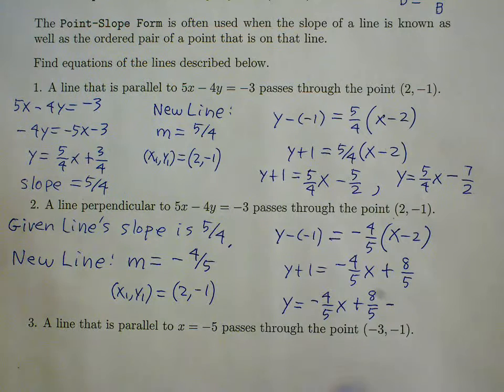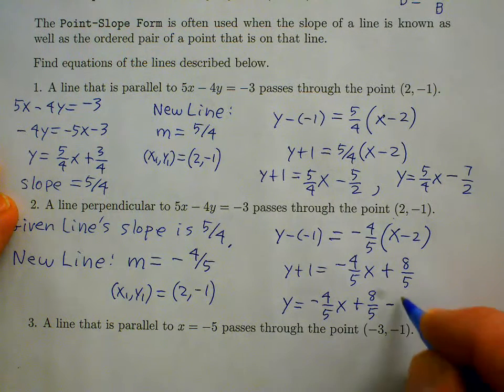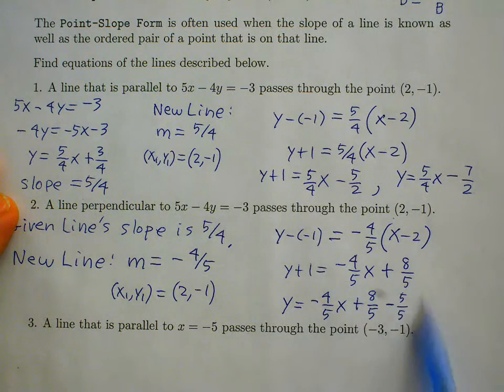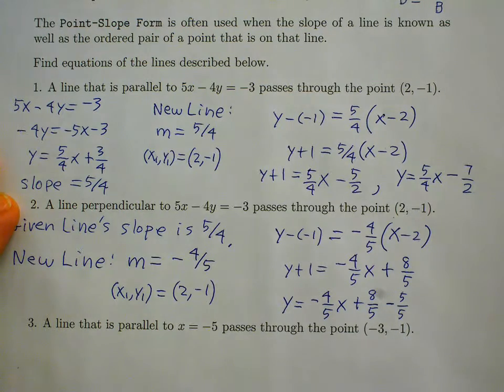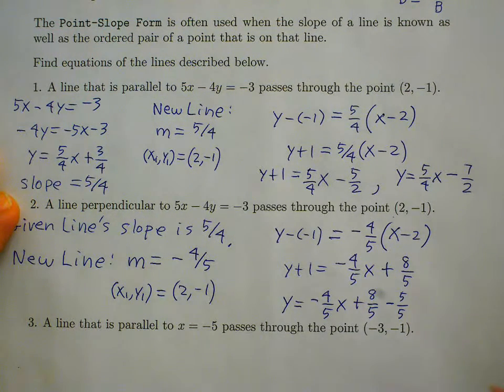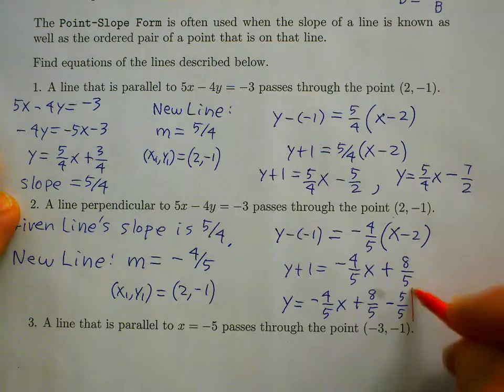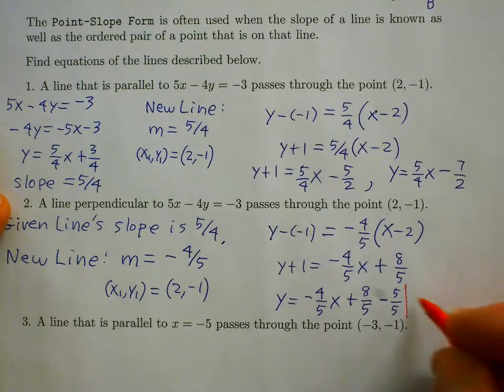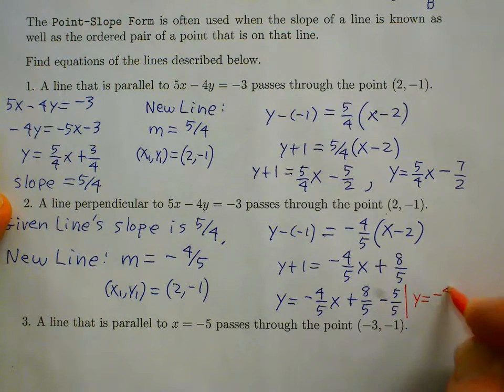So I'm going to convert the -1 to -5/5, because when adding and subtracting fractions, we have to have a common denominator. Okay, so our final result in slope-intercept form is y equals -4/5 x plus 3/5.